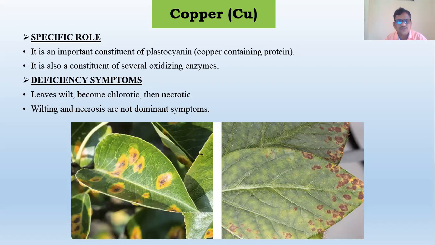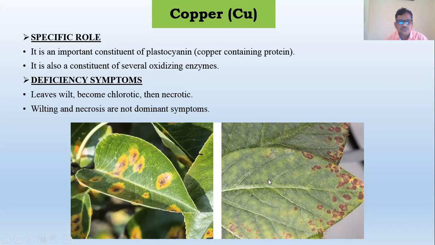Then what are the deficiency symptoms? First, leaves will become chlorotic, then necrotic. Wilting and necrosis are not dominant symptoms. Here in copper deficiency, we can see some examples in which scorching and rusty dots can be observed at the edge in the initial stages, and later the full leaf surface is covered by these dots.